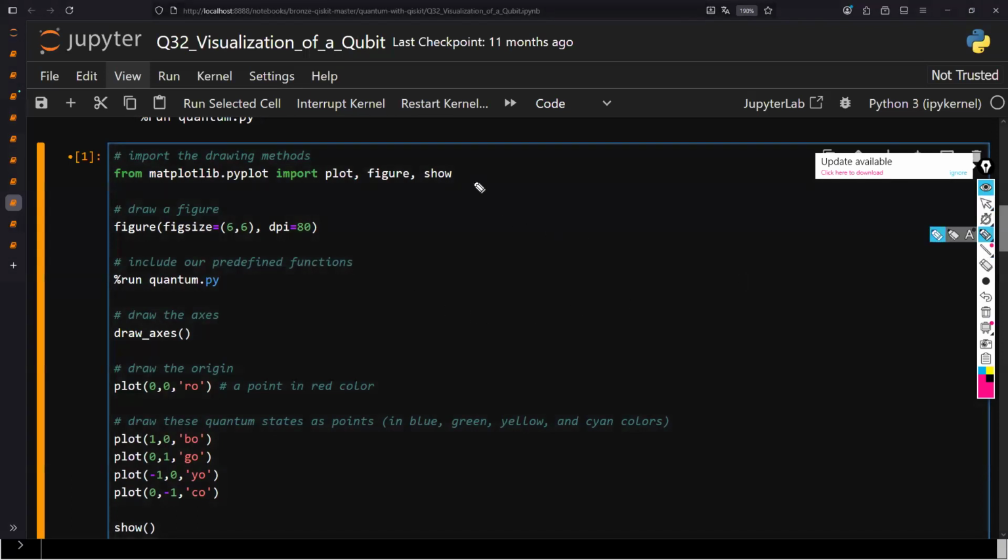Recall that we have two basis states, right? We can have either 1, 0, which is a cat 0, and we have a cat 1, which is 0, 1.